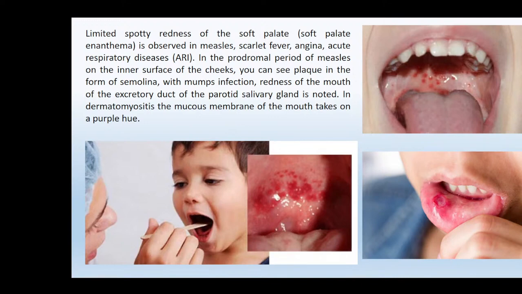With mumps infection, redness of the mouth of the excretory duct of the parotid salivary glands is noted. In dermatomyositis, the mucous membrane of the mouth takes on a purple hue.